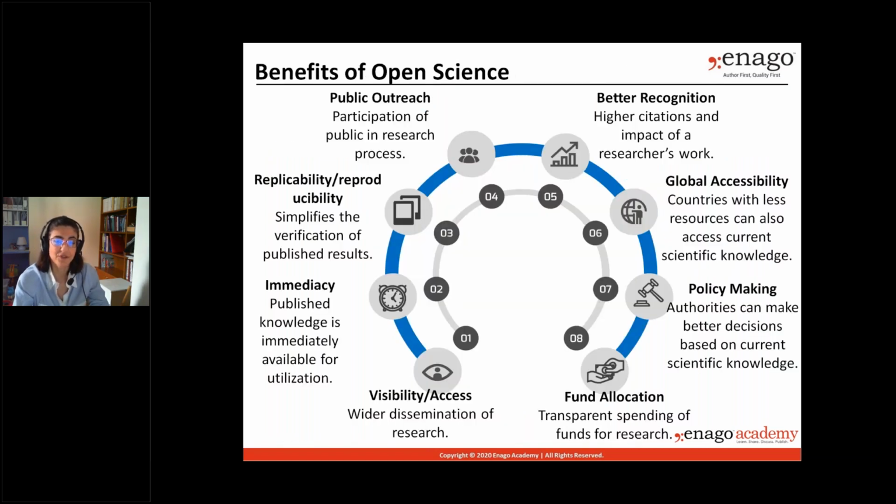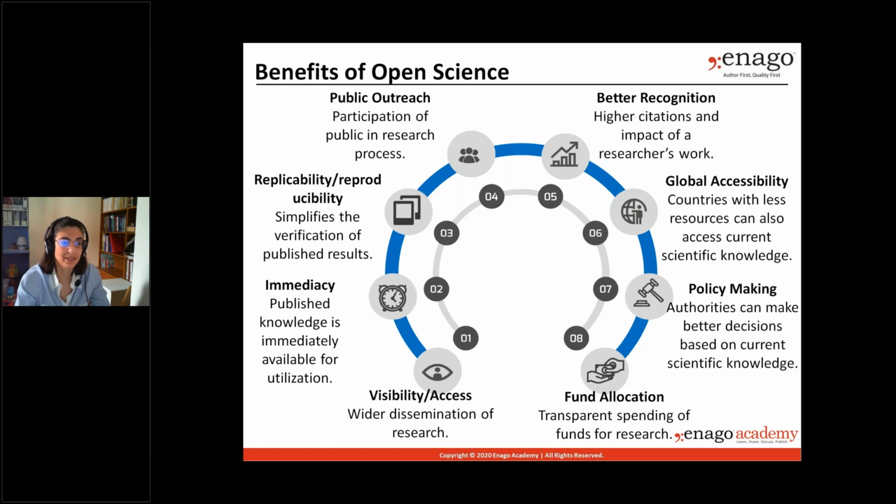The benefits of open science are many, but the key points are listed here for your convenience. It's a summary, if you want, of what open science has to offer to the scientific world. So first of all, visibility and access, wider dissemination of research, immediacy because the knowledge is published immediately and is immediately available for utilization.